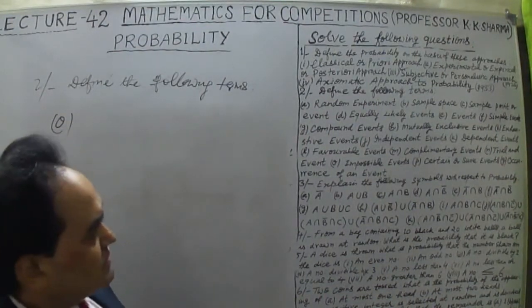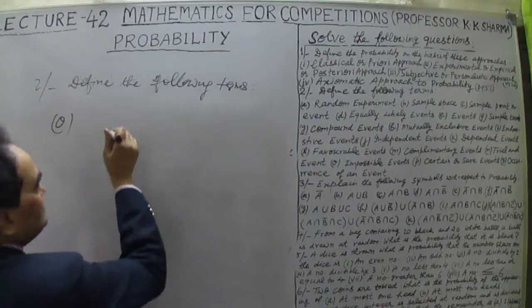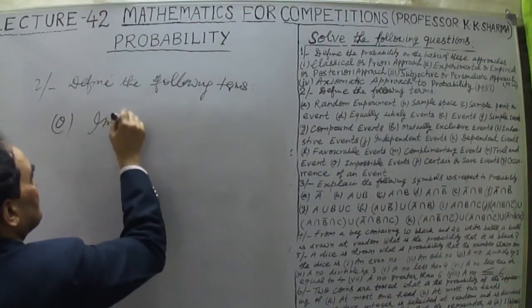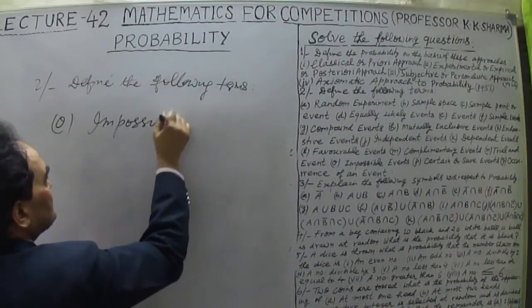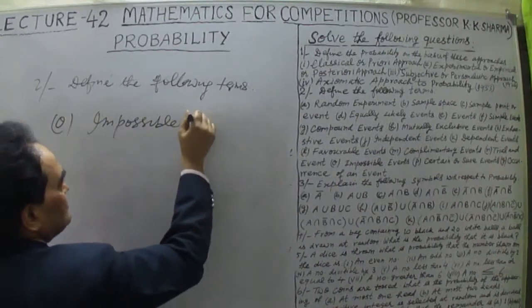In the O part we have impossible events. What are the impossible events? I have already defined impossible events a number of times.